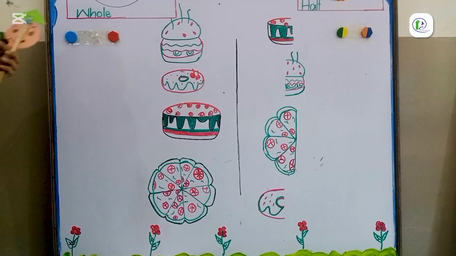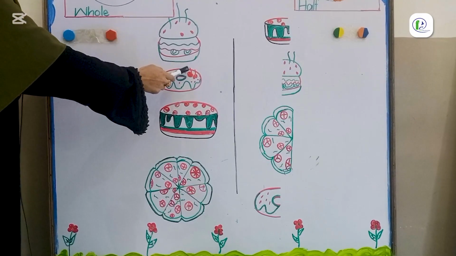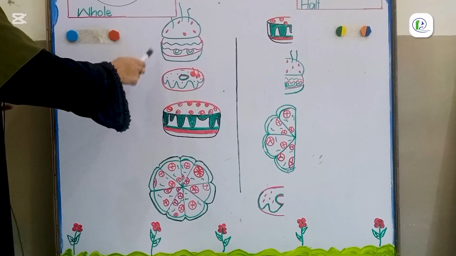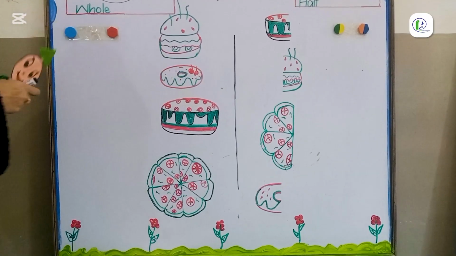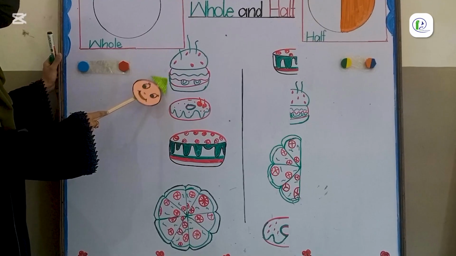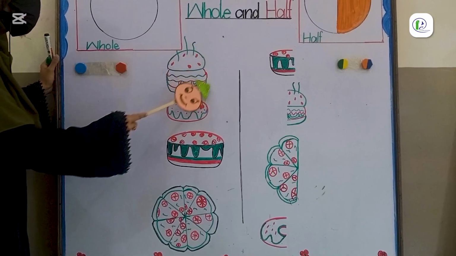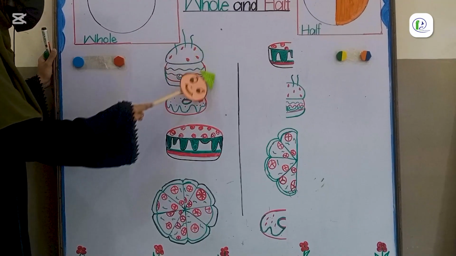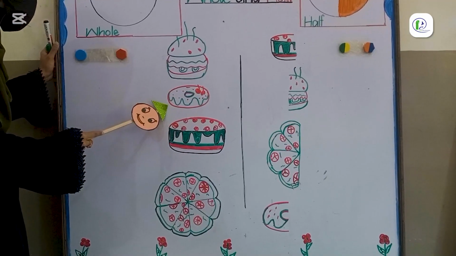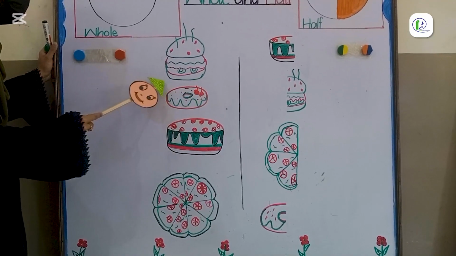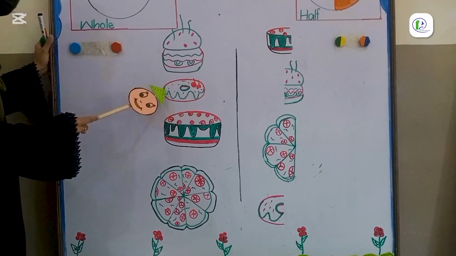Okay, so we can match whole pictures with half items. You can see what is this? This is a whole burger and whole donut.